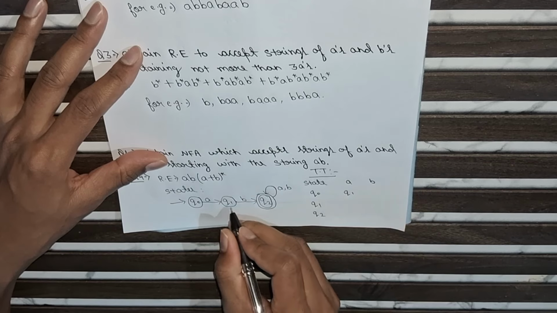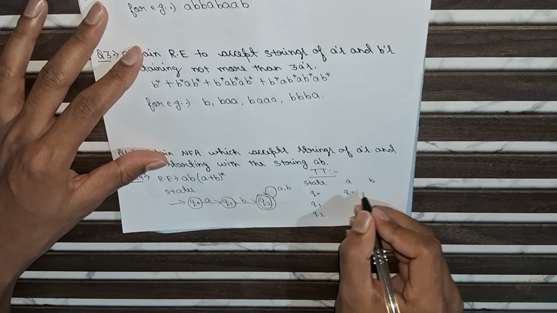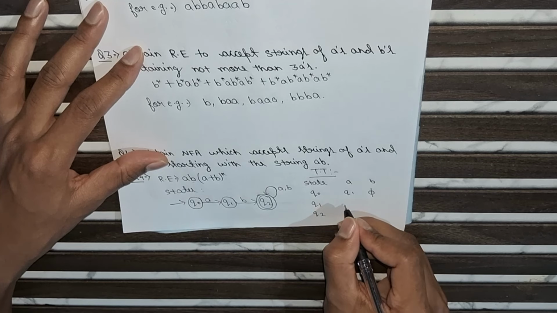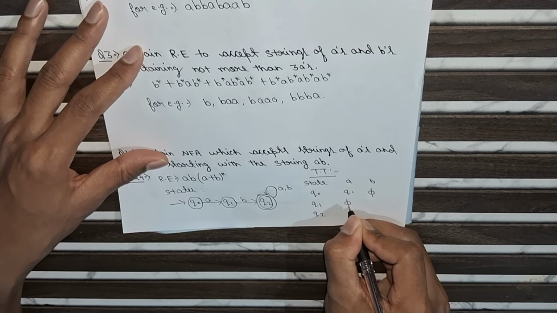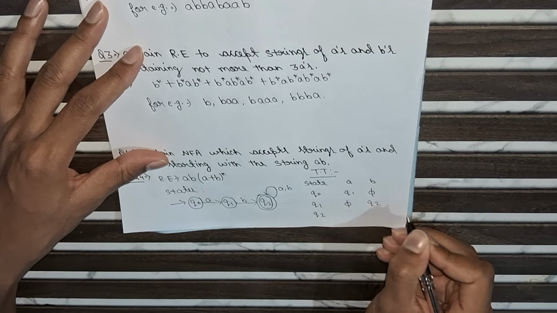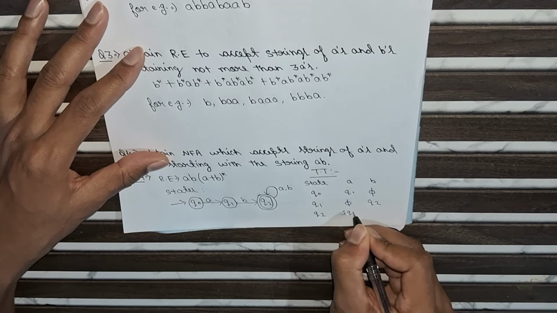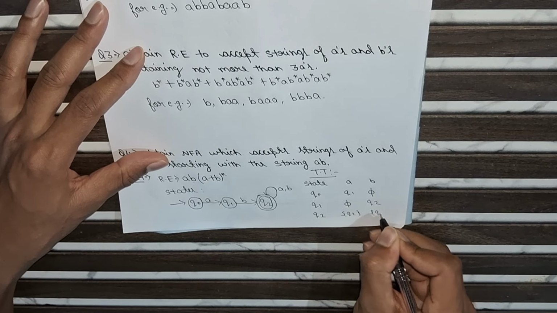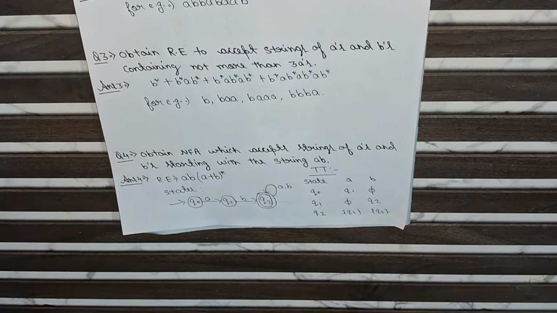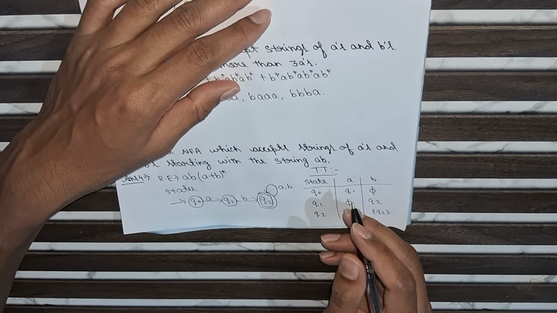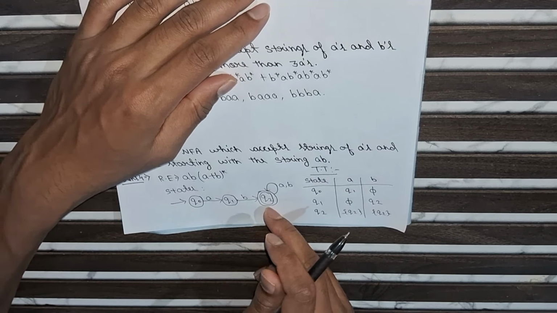At q0 B is not there, so phi. Now from q1 with the input symbol A, it is not there, so phi. And from here to here q2, and from q2 to q2, simple q2, here also q2. So this is the transition table for the NFA transition diagram.